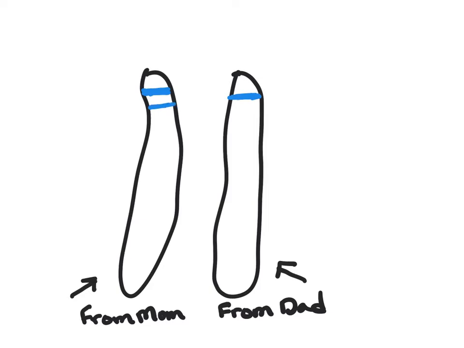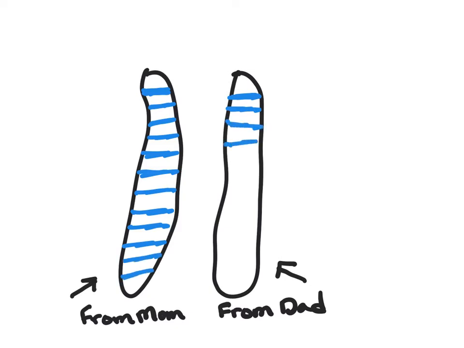If there's a gene for another trait here, there's a gene there. So all along these chromosomes are different genes, and each one of those genes would contain information for a specific trait that an individual could have.